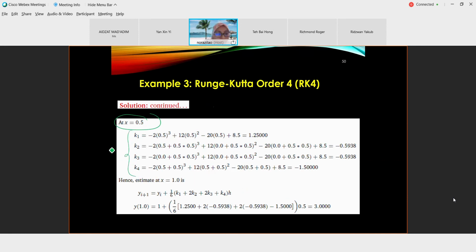Calculate the k values again, and then do the calculation for x equal to 1. Don't jump. You must follow step by step. That is the reason why we always use computerization for Runge-Kutta, because this is a very long process to iterate.